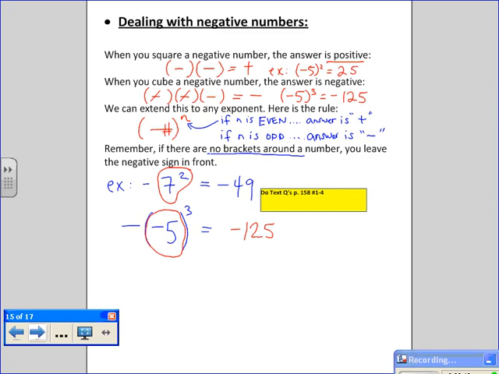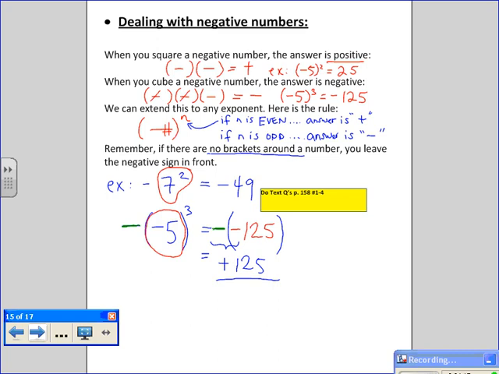But this negative sign right here still has to stay out front. So if you have a negative sign up front and you've got a negative number that you're cubing, your answer is going to come out to be positive, because what I have here is a negative times negative 125. So these two negatives again do make a positive, and our answer is 125.